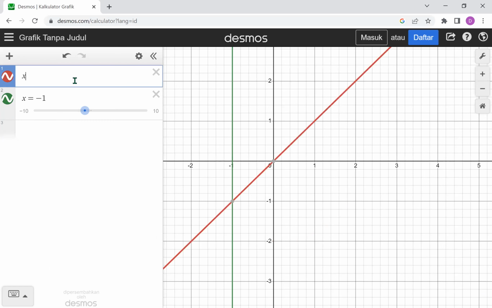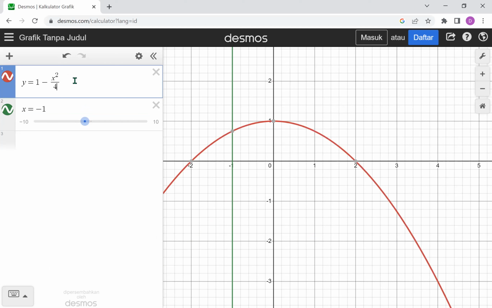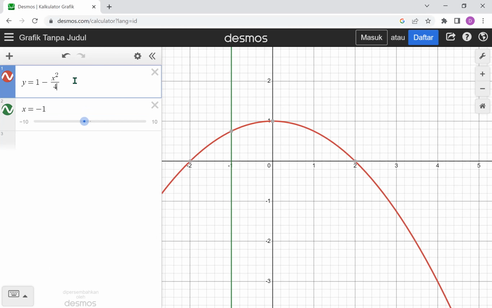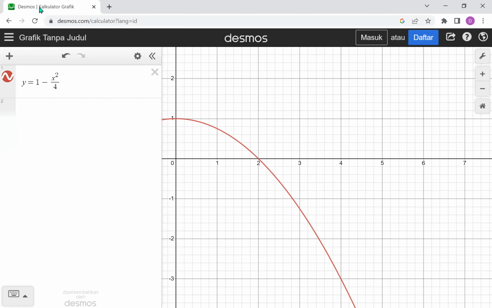So you have the formula y equals 1 minus x squared over 4, right? Is it correct? But we only consider the first quadrant, so we focus on this region only.